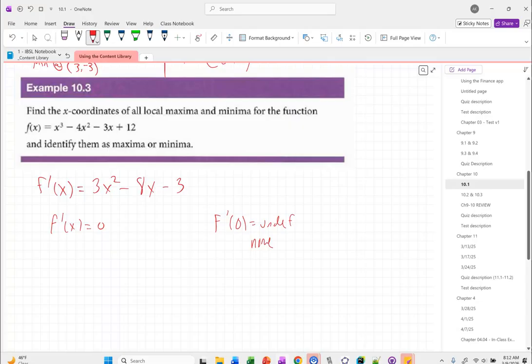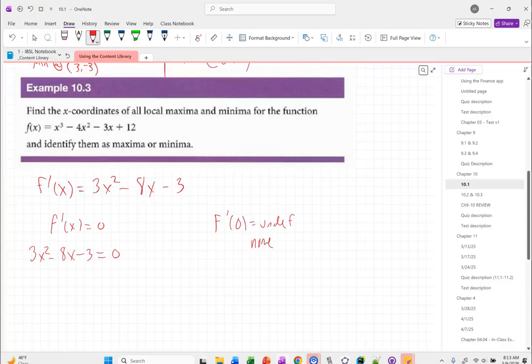But we should make mention, some of us will take a full calculus course at some point in their career. It's nice to have seen the full rule, not just the streamlined version that you're going to need in here. All right. So then let's worry about 3x squared minus 8x minus 3 equal to 0. What type of an equation are we solving for here?